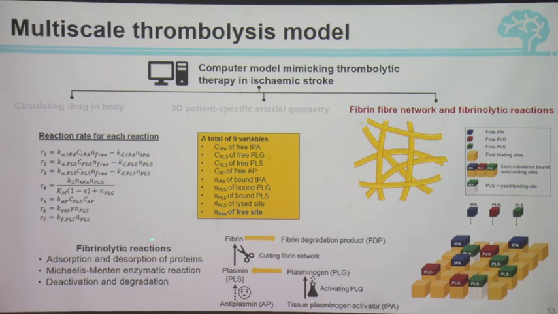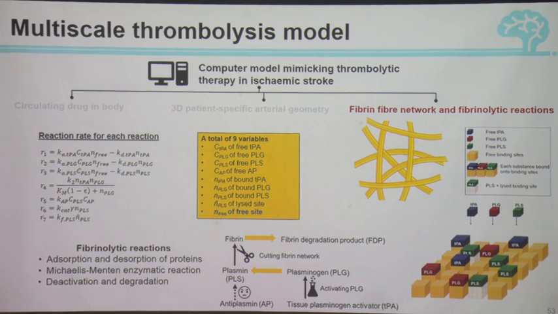So basically, the fibrinolytic reactions involve absorption and desorption of the proteins, and the enzymatic reaction is described using the Michaelis-Menten equation. The deactivation and degradation are also included in these reaction equations.